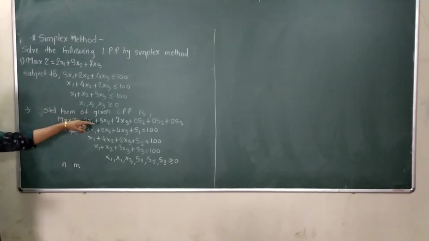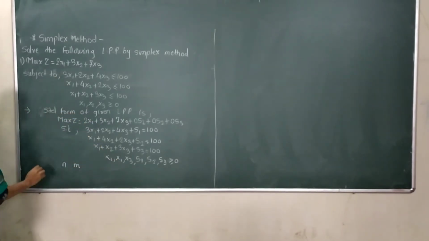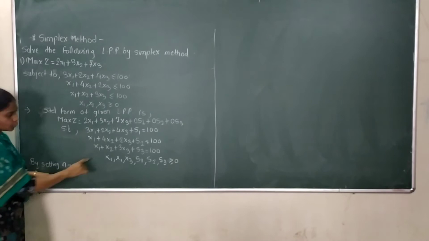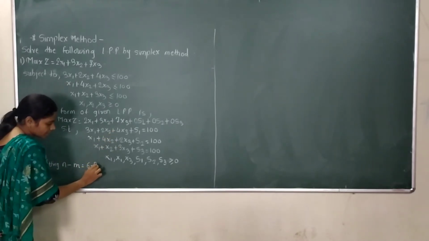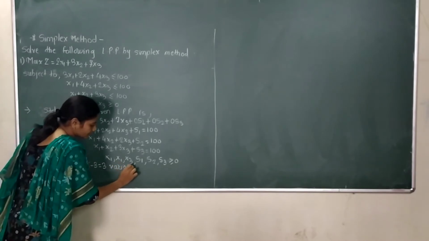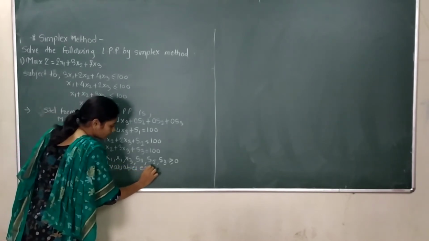So here we get an initial basic feasible solution by setting n minus m, that is, total 6 variables minus 3 equations, which is equal to 3 variables, equal to 0.